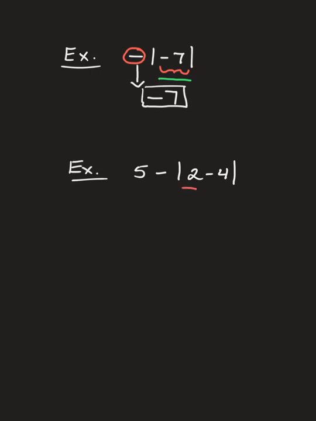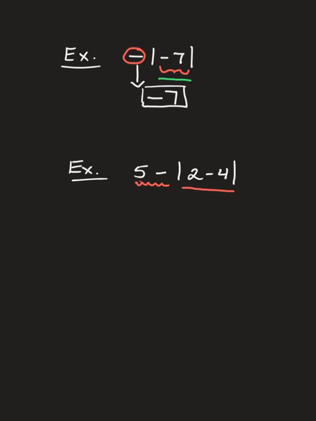So the first thing I'm going to do is evaluate the absolute value, and then I'll worry about taking 5 minus that answer. So once again, that negative sign is not going to distribute inside of the absolute value. We have to take care of the absolute value first and then worry about what's on the outside.